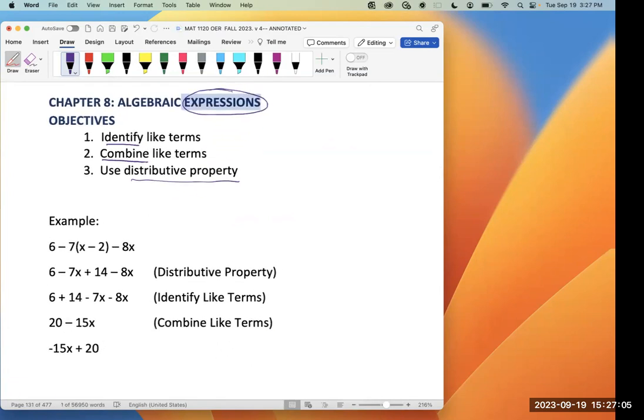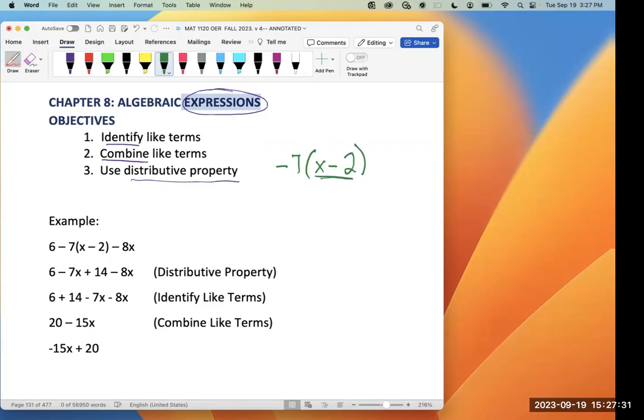Math has got a lot of logical rules. They do not change. What you do to one side, you have to do to the other side of the equation. In this case, we don't have an equation to work with. So when we have a situation like -7 times the quantity x minus 2, our order of operations says we have to do what's in the parentheses first, but we do not have a numerical value for x.